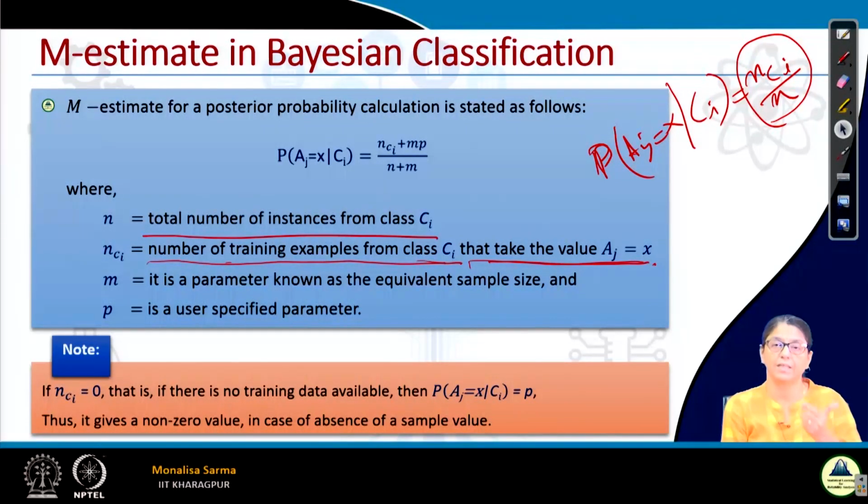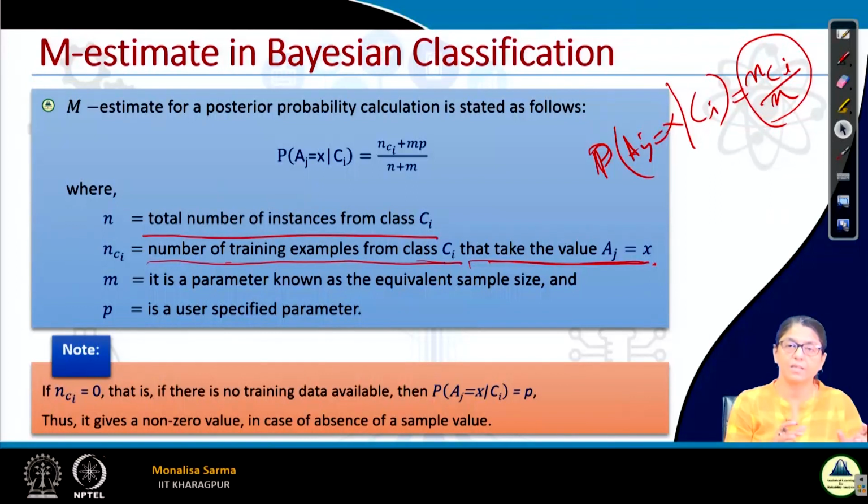The next case is that there is representation of each class, but when I try to find the posterior probability, for some cases I get 0. Suppose when the day is a weekday and the train has arrived on time, there are no such occurrences in my data.